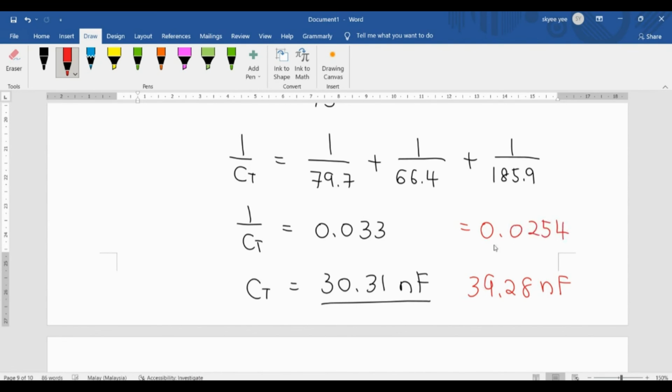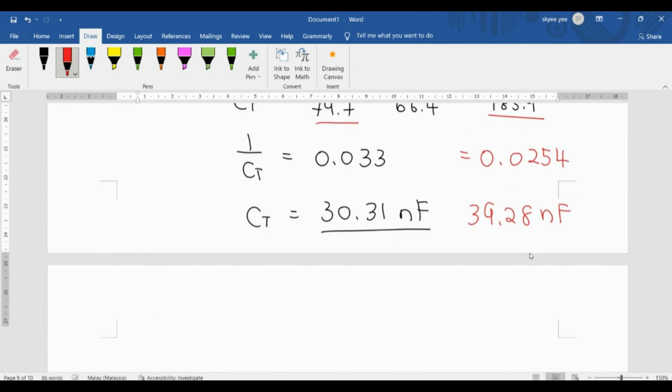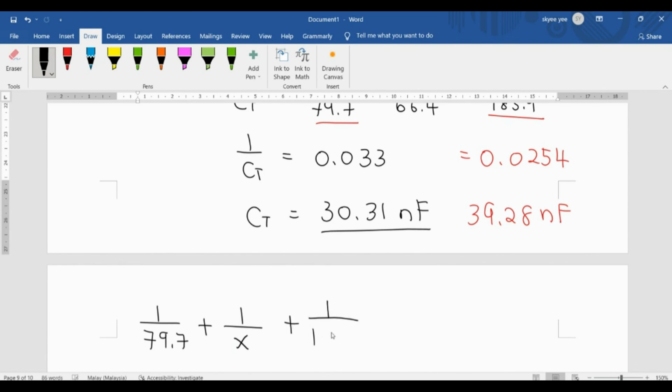This one is fixed, this one is fixed, this one is a variable. So you write down 1 over 79.7 plus 1 over x, something you don't know, plus 1 over 185.9, which will give you 0.0254.